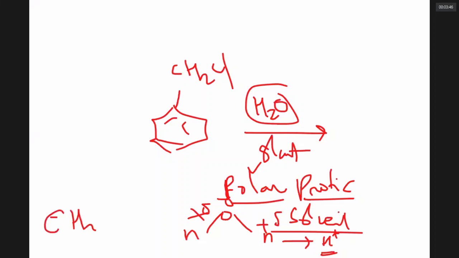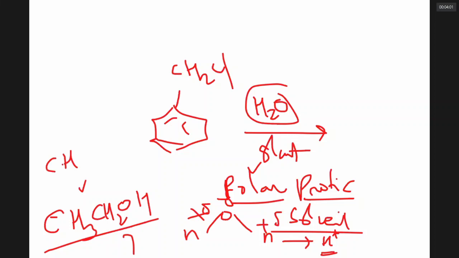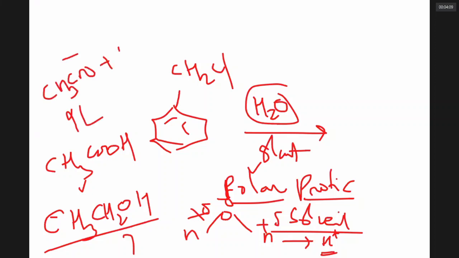Sir, what about ethyl alcohol? Is it a protic solvent? Yes, sir, it is a protic solvent. Can I say acetic acid is a protic solvent? Yes, sir. Acetic acid gives acetate ions and H plus ions. Anything that can give H plus ion in aqueous solution is a protic solvent.